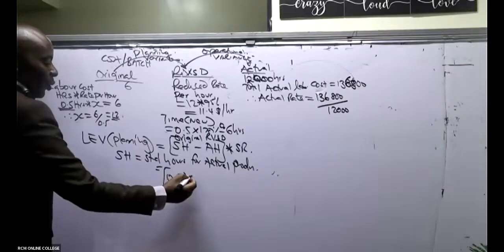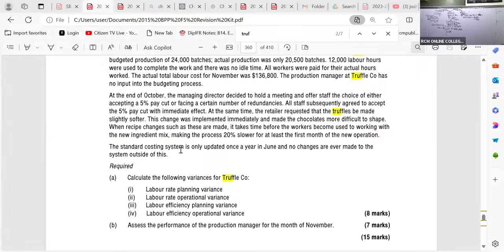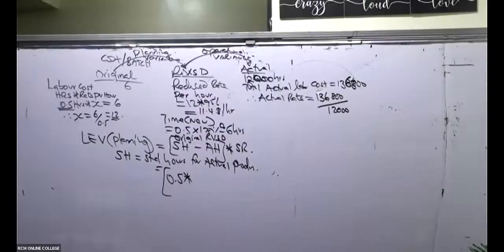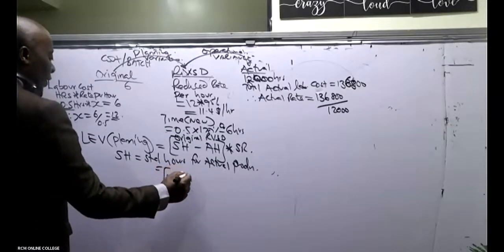Is there anybody who is able to see the number of batches that were actually produced? The actual production here was only 2,500 batches, so times 2,500.